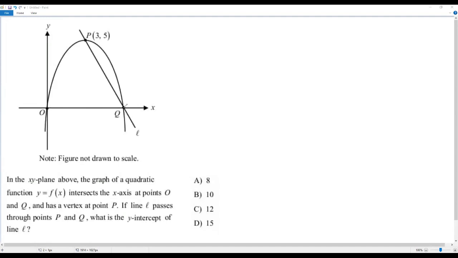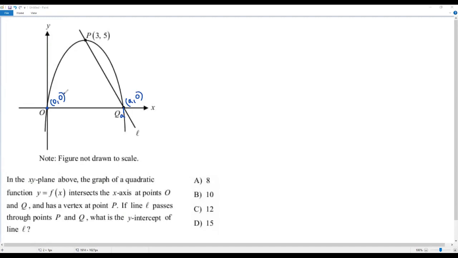Now, let me assume there is a value A on the x-axis at point Q. Then the point Q will be (A, 0). And we know that this is the origin, (0, 0). O and Q are the two x-intercepts of the parabola. Usually, the average of the x-coordinates of the two x-intercepts must be equal to the x-coordinate of the vertex of the parabola.